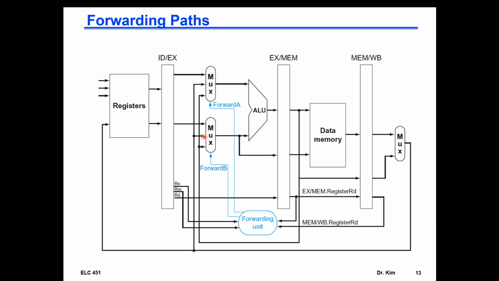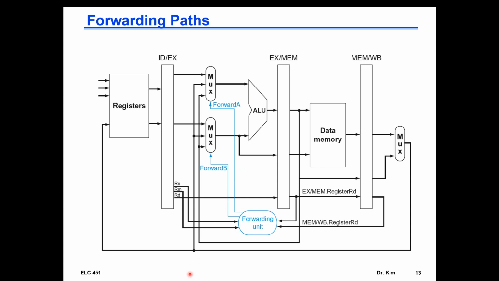So here we're forwarding from the write back into the B input of the ALU, and here we are forwarding from the execution memory into the B input of the ALU. So 2B and 1B, 1A and 2A.